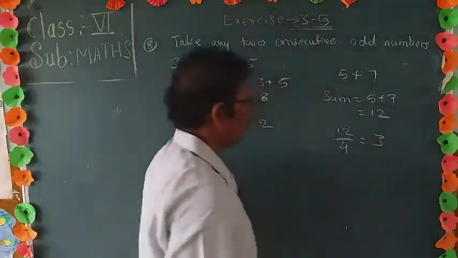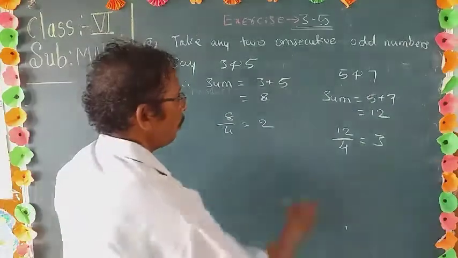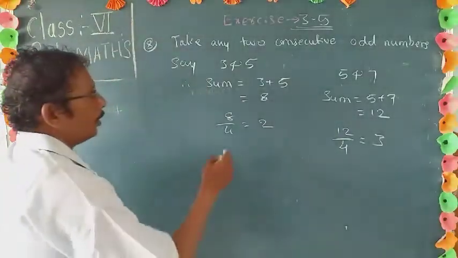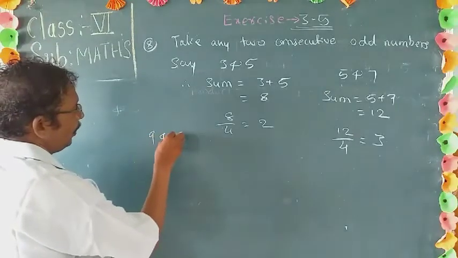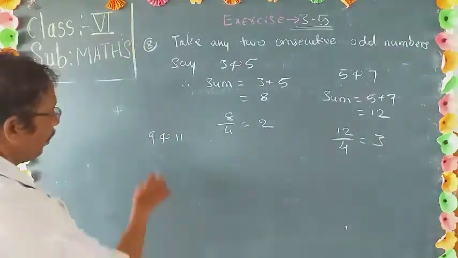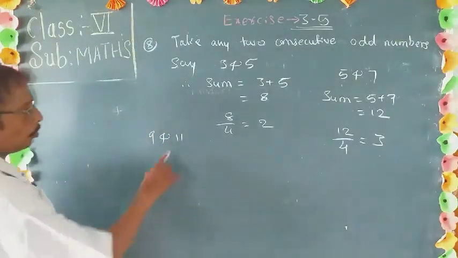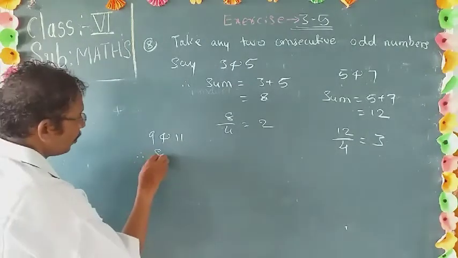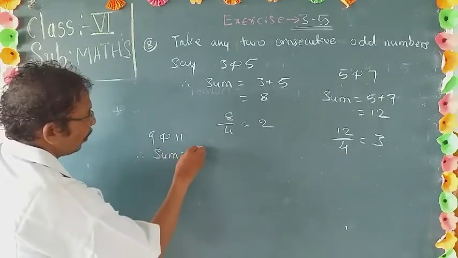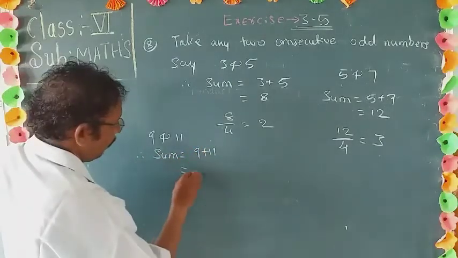Answer is 3. Now similarly take another two consecutive odd numbers, say 9 and 11. Therefore, sum is equal to 9 plus 11.